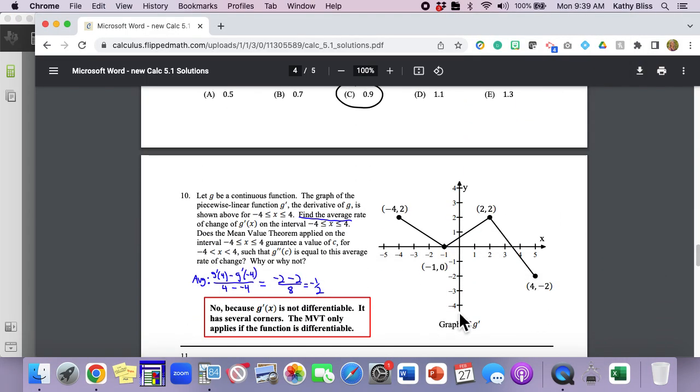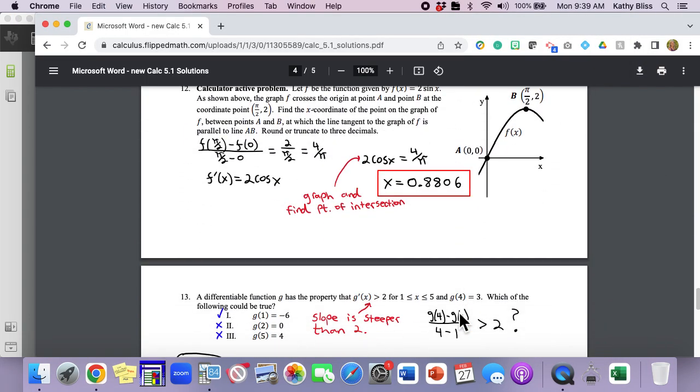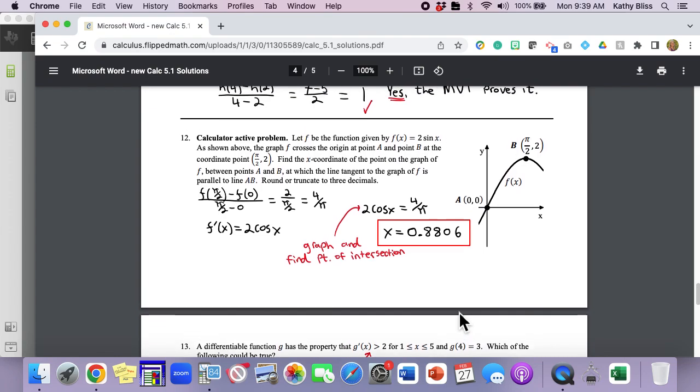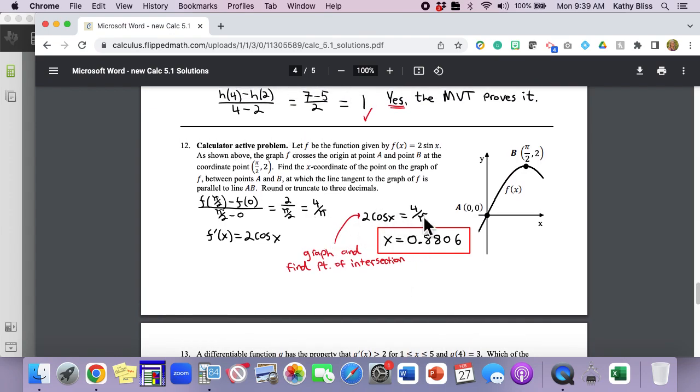Then we're going to scroll down and take a look at this equation. This said calculator active. You did need your calculator, but you could have just done the inverse cosine.